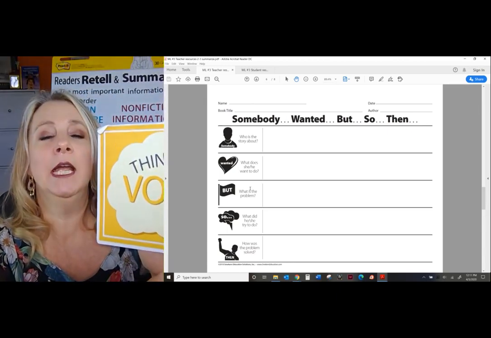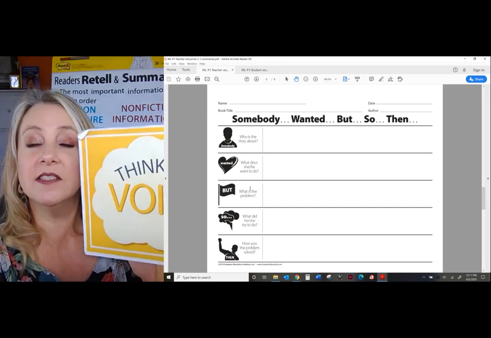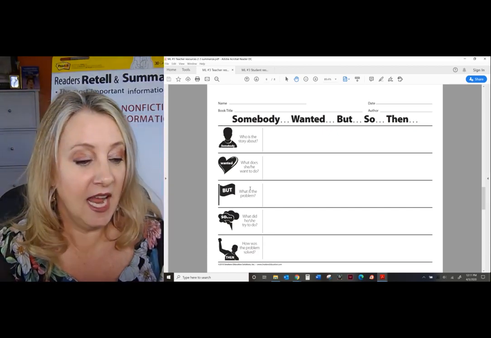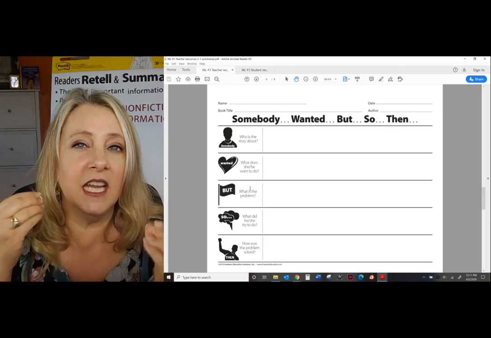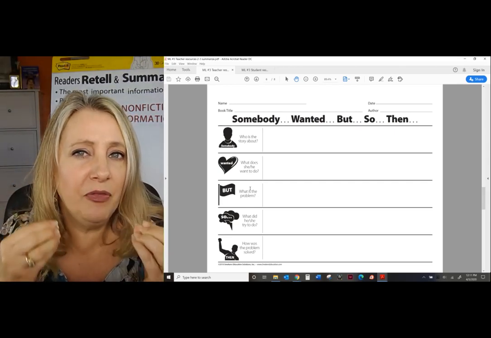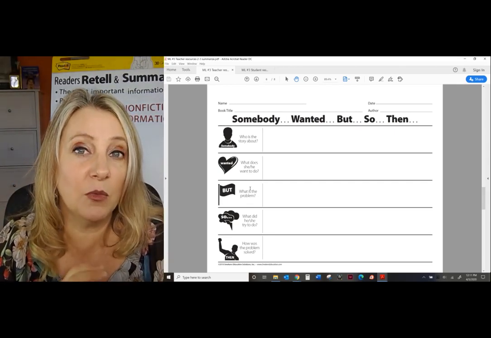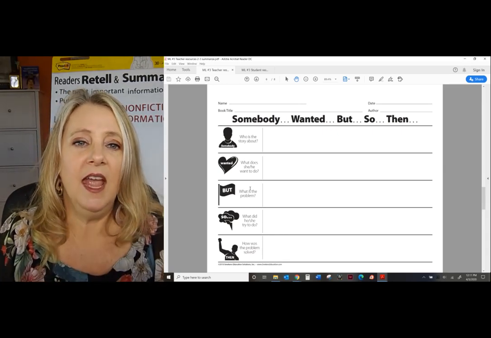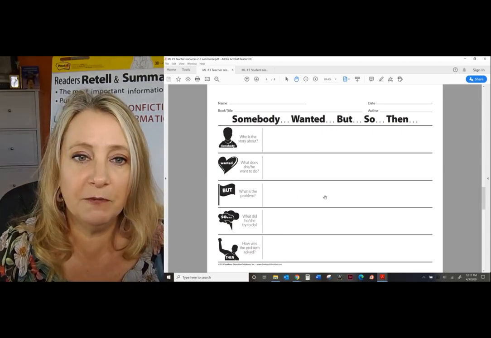It doesn't say he wanted to do this. Sometimes you got to use that thinking voice and you have to really figure out what the motive is of the character based on what you know about people. Okay. And so you can write those words and phrases.